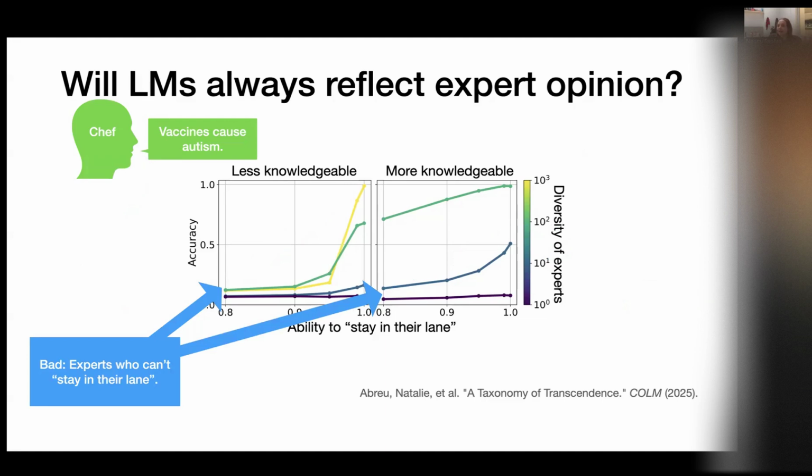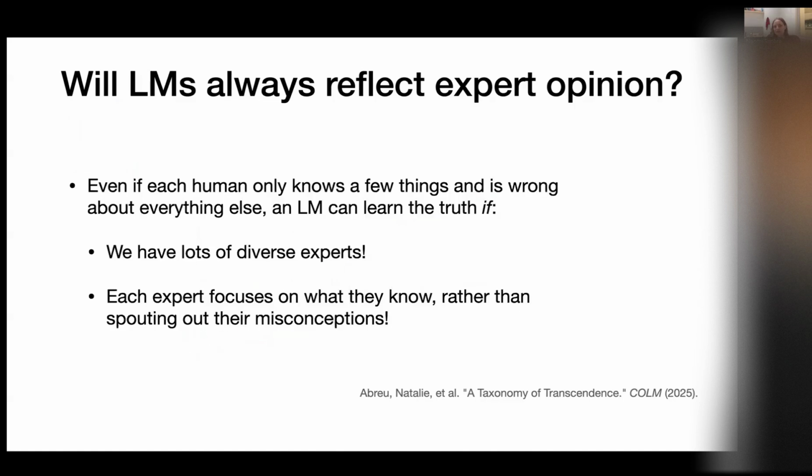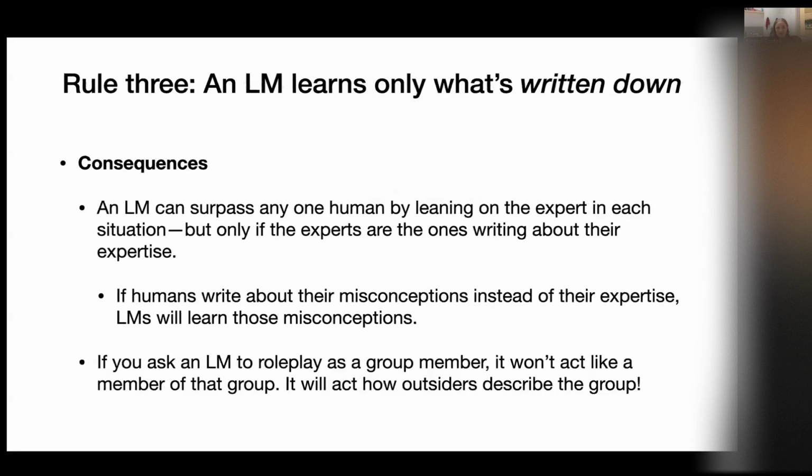You can have all kinds of geniuses in the pool, but if they're not talking about the stuff that they actually know, you're going to have a problem because these models only learn what's written down. They will be able to still learn from a bunch of humans who only know a few things, who are wrong about everything else, only if we have a lot of diverse experts and each of them focuses on what they actually know instead of just saying whatever their misconceptions or misunderstandings are.